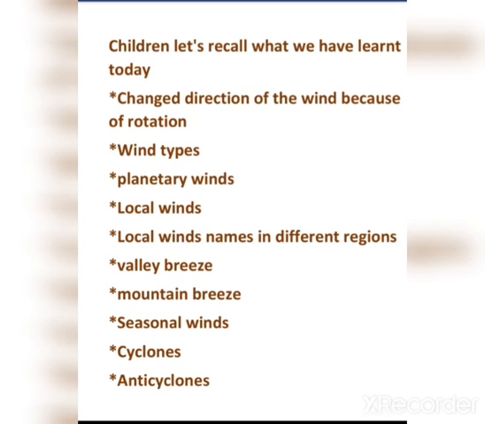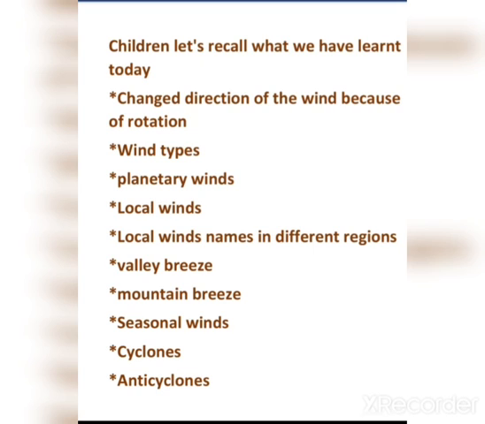Children, let's recall what we have learned today. Change in direction of the wind because of rotation. Then wind types, planetary winds. The winds cover a large portion of earth, hence these are called planetary winds. We have seen the examples easterlies, westerlies and polar winds. Then second, local winds.